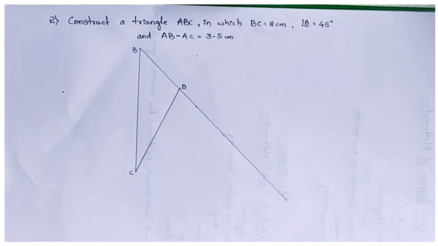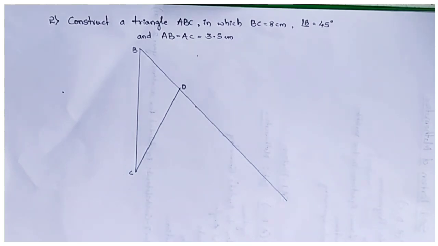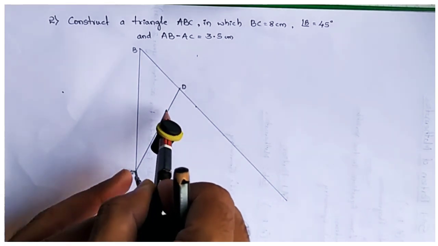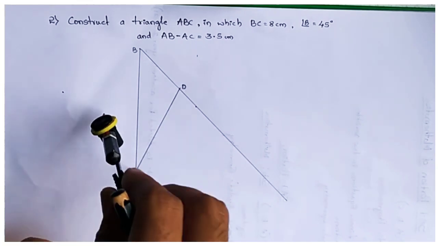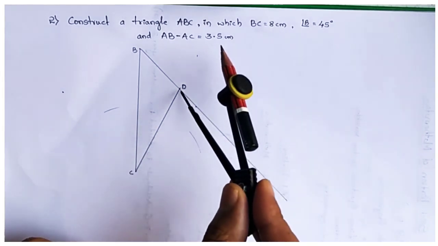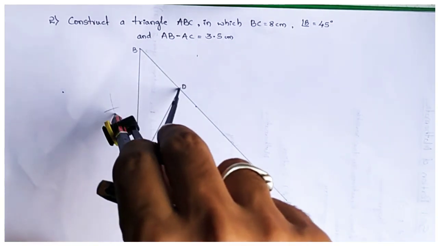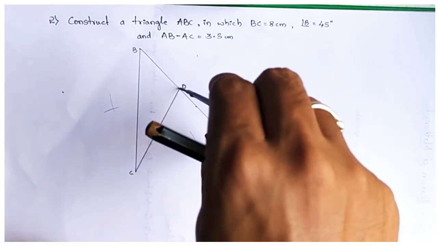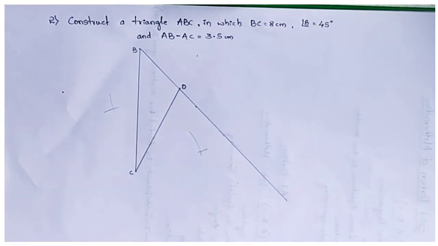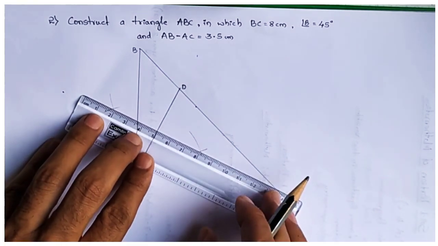For this we have to draw the perpendicular bisector for the CD. So now repeat the more than half method for C and D. Make two arcs. Similarly take from D also, make two arcs. Now make the perpendicular bisector.